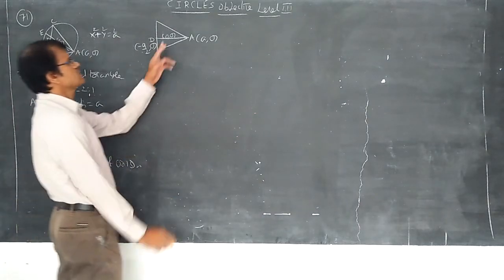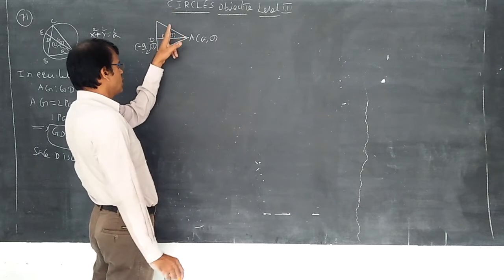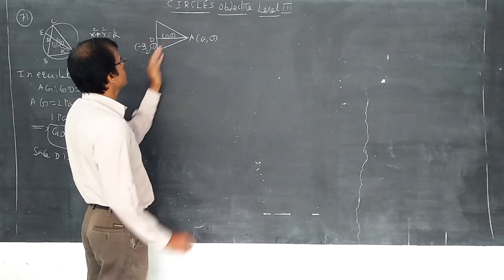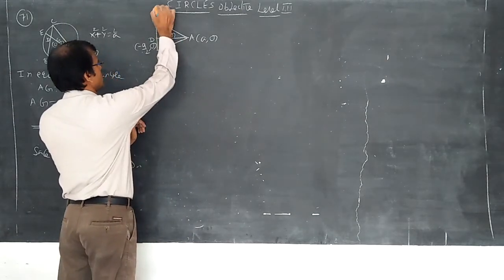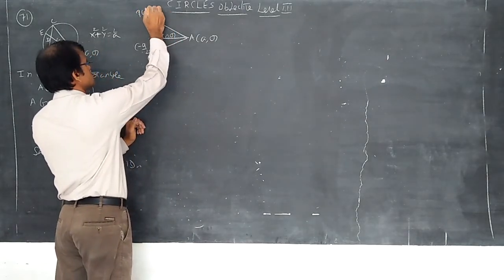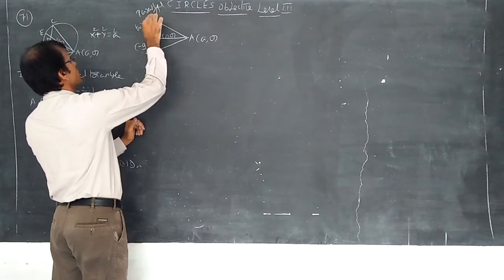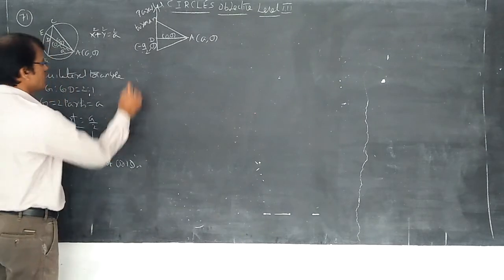Students, try to understand, this is the origin. If a line is drawn through the origin, it becomes the y-axis. This is a line parallel to the y-axis, this is a line parallel to the y-axis. Whenever a line is parallel to the y-axis, its formula is x is equal to k.